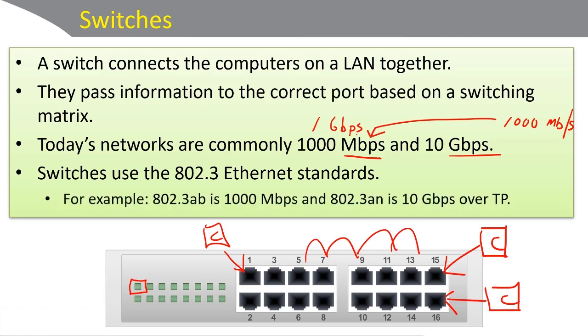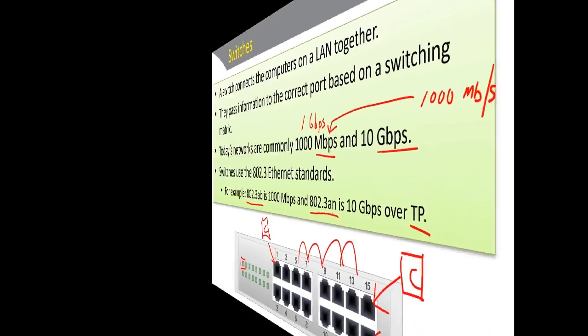For example, a typical Ethernet network running at 1000 megabits per second and using twisted pair cable is classified as 802.3ab. And if it's running at 10 gigabits per second, again over twisted pair cable, TP, then it would be known as 802.3an. But they're all within the 802.3 Ethernet standards.